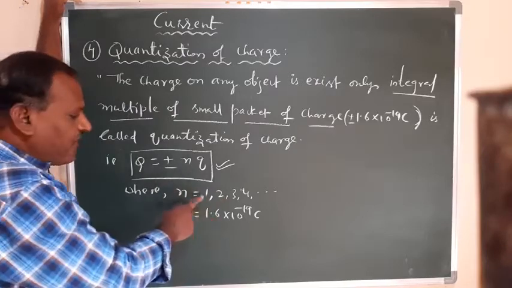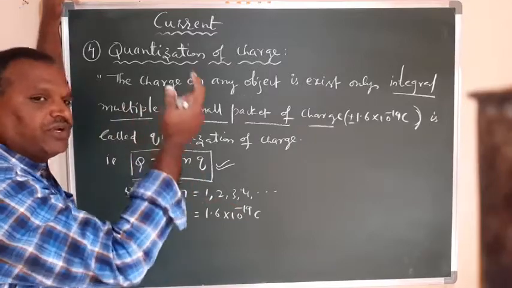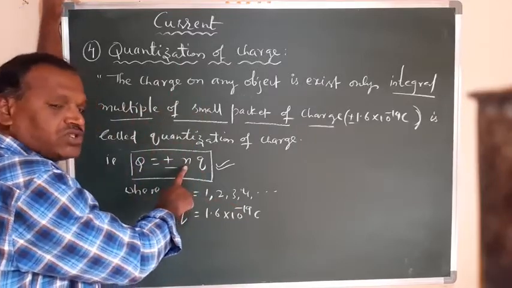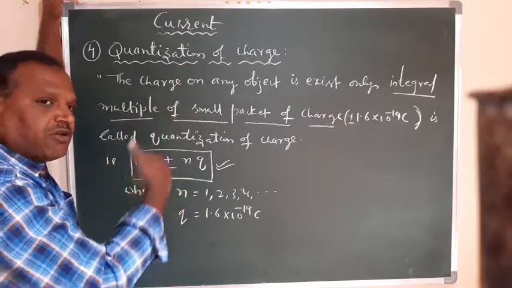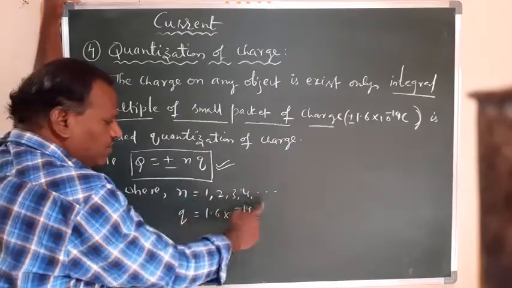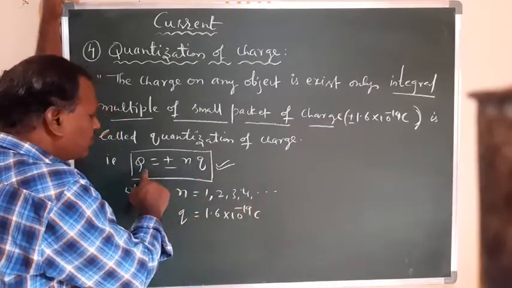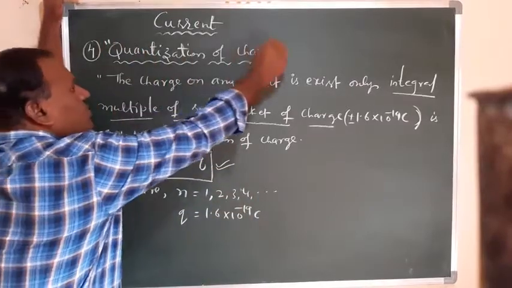Fractions do not exist here. n can be from 0 to infinity. Fractions like 1/2 q, 3/4 q, 7/8 q do not exist. Only multiples of this charge can exist on any object. This property is called quantization of charge.